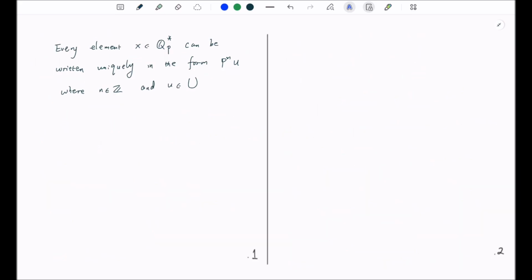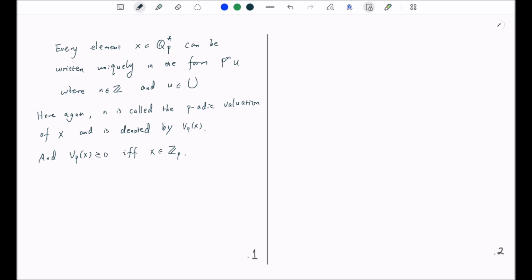Here again, this integer n will be called the p-adic valuation of the element x, and is again denoted by v sub p x. And one has v_p(x) being non-negative if and only if x is in Z_p.